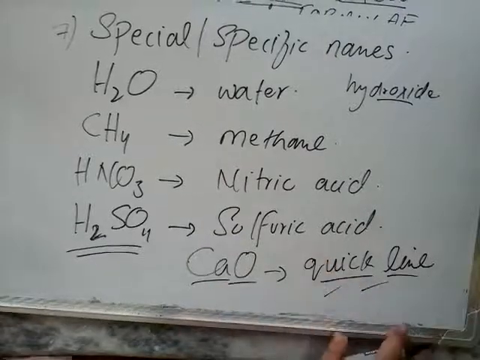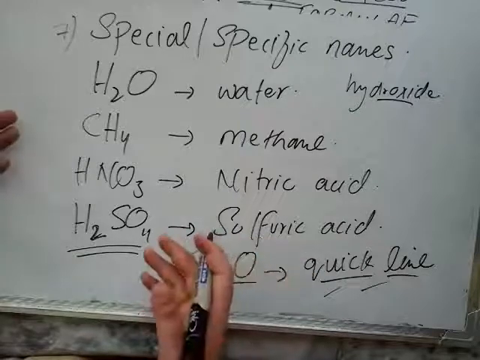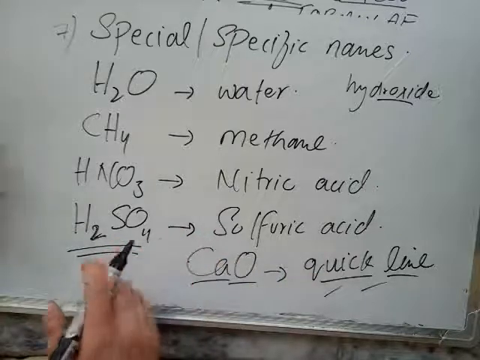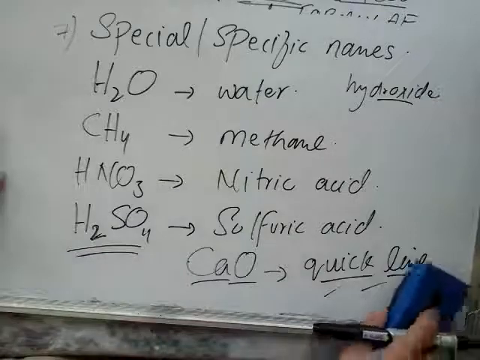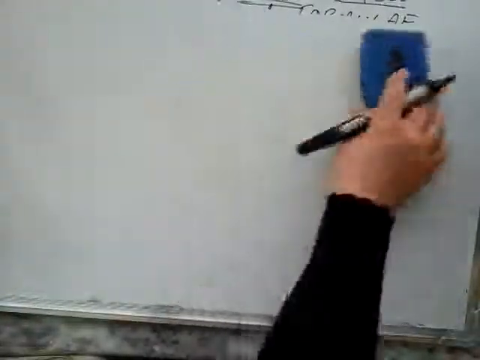So this is how some special names are also given to some very well-known compounds. They are very popular because they are used a lot in industries, and that's why they are given special names. So this is today's lecture. I hope that you've understood it, related to the formulas and the symbols of elements.